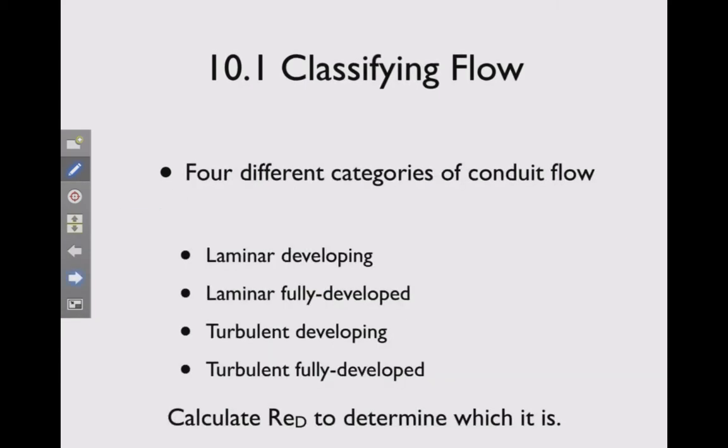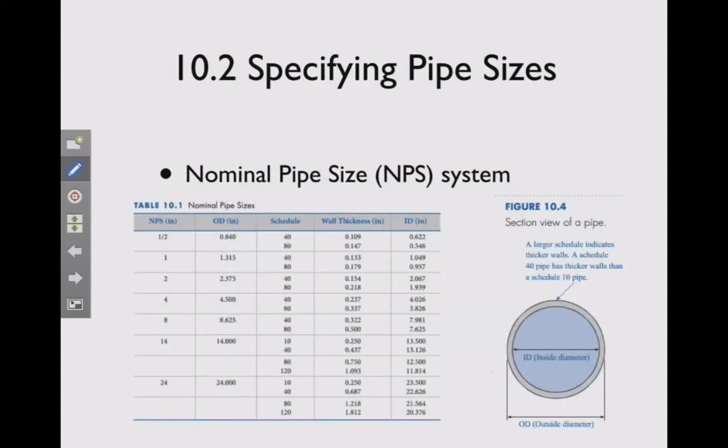And so you could see that we might want to specify a pipe size that is either going to have laminar or turbulent flow in it. So we need a way of standardizing pipes. This nominal pipe size system, the NPS system, is a standard way to specify pipes. Very quickly, these are the NPS indices, and these are the outer diameters of these pipes.